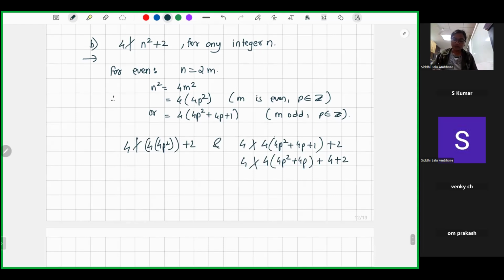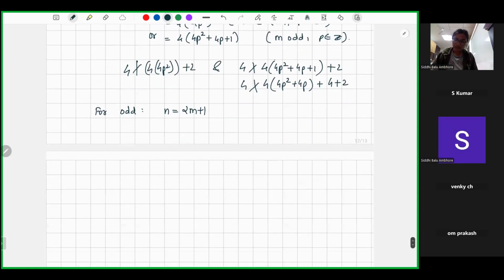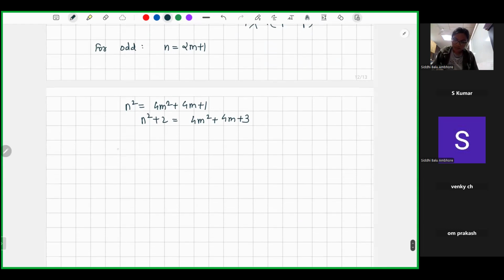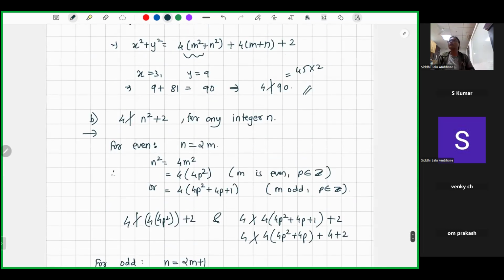And again, for odd numbers, if n is equal to 2m plus 1, this n square is 4m square plus 4m plus 1, and n square plus 2 will be 4m square plus 4m plus 3. 4 anyway does not divide this 4m square plus 4m plus 3.